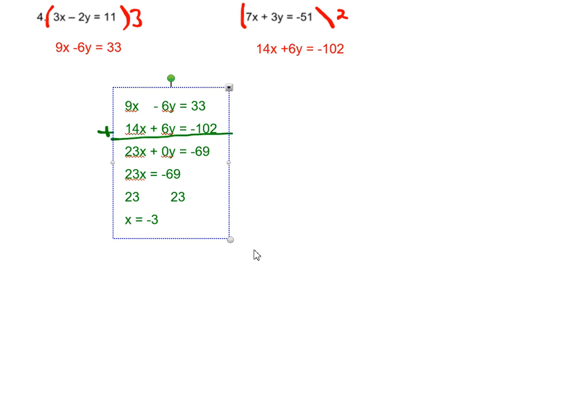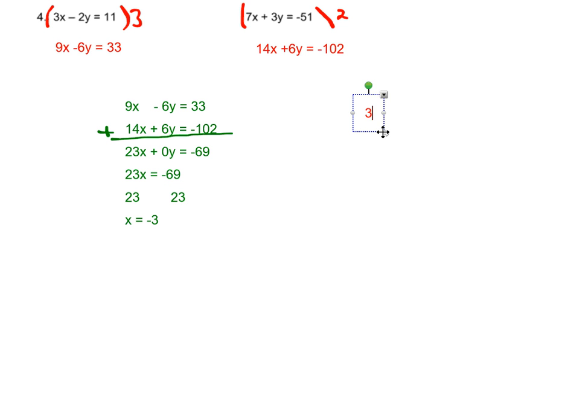I can then take that negative 3 and sub it into one of my original equations. I'm going to choose to use 3x minus 2y is equal to 11. So I have 3 times negative 3 minus 2y equals 11, negative 9 minus 2y equals 11.